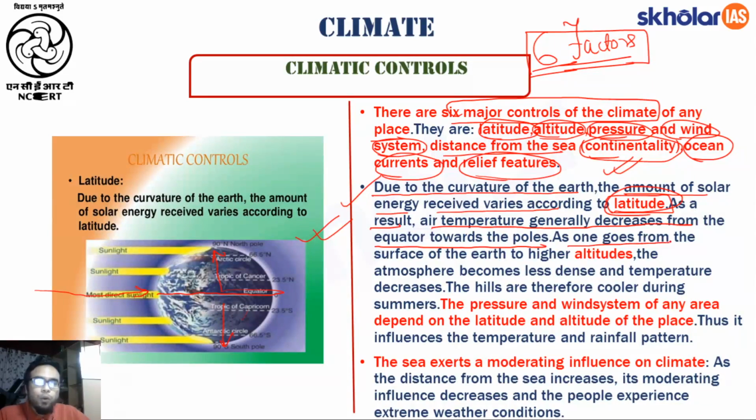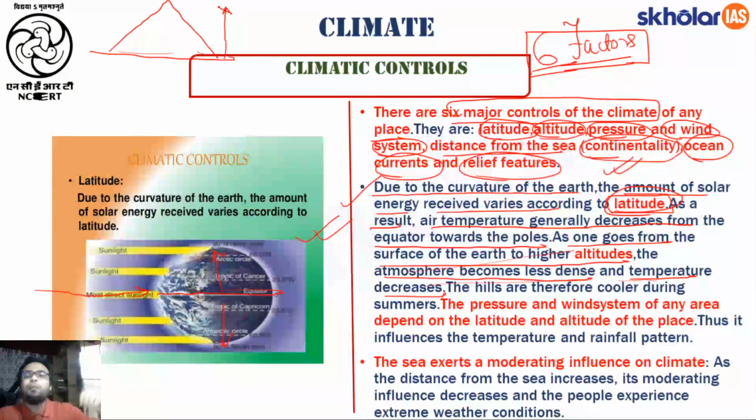And as one goes from the surface of the earth to higher altitudes, the atmosphere also becomes less dense and the temperature starts to decrease. For example, if I consider the Himalayas, as we keep moving upwards from the base of the Himalayas to greater heights, what will happen to the temperature? The temperature will also start to decrease, right?